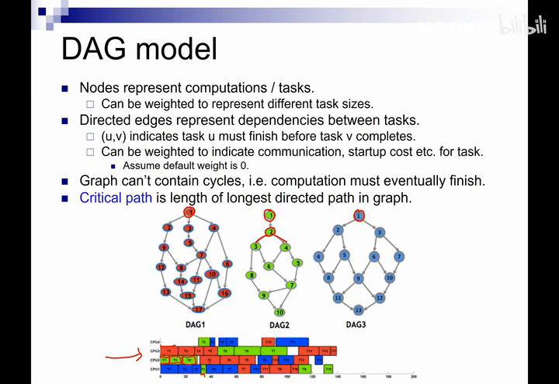Basically, the way that we can schedule these DAGs onto an actual CPU is that whenever you want to process a node, you have to make sure that all of the ancestors of that node have already been processed.